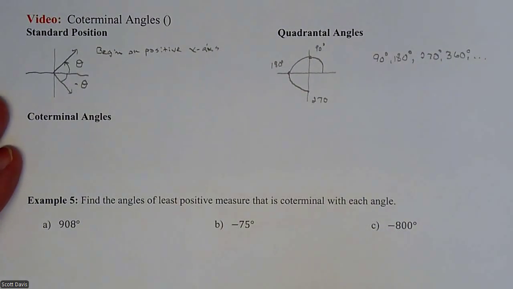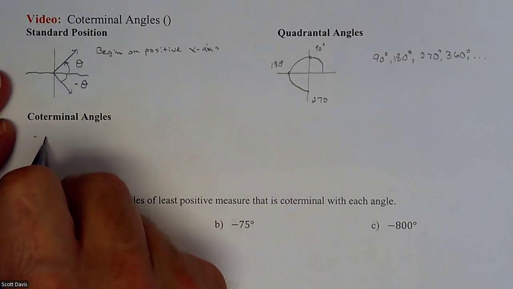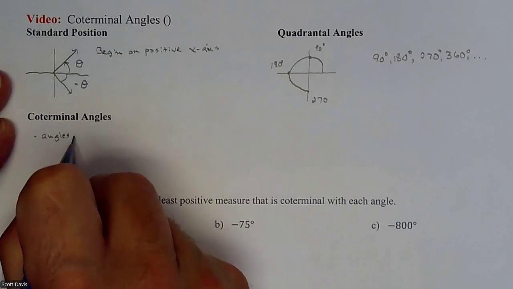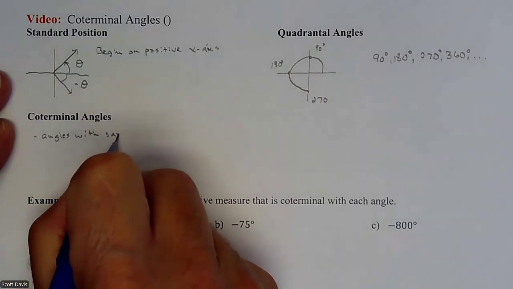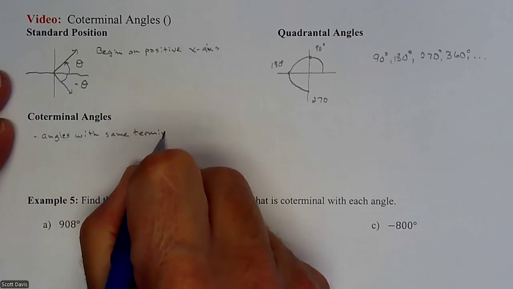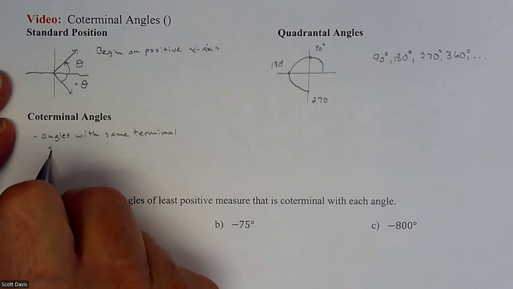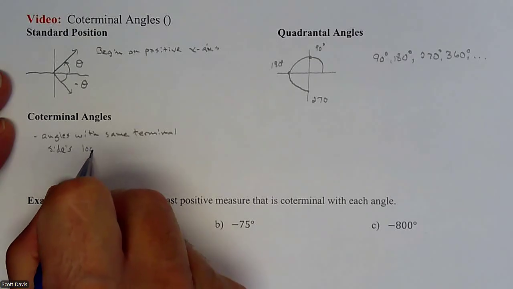All right, so coterminal angles. When we're talking about coterminal angles, we are talking about angles with the same terminal side location.